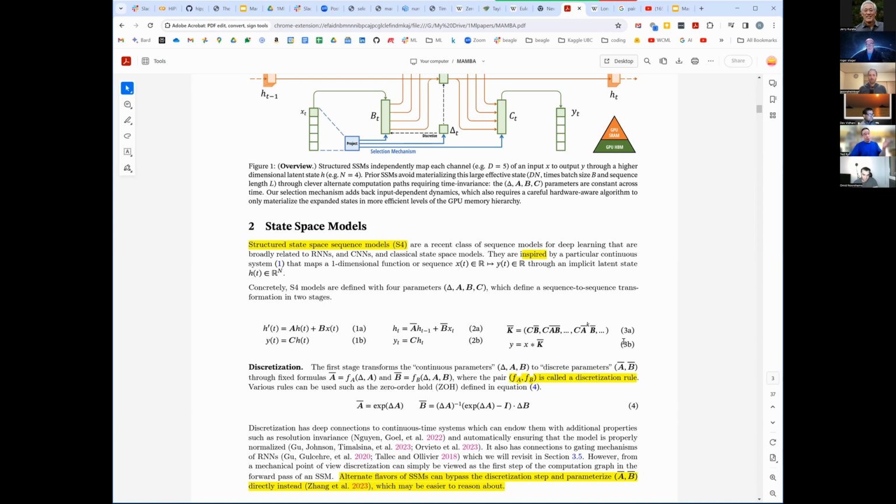And that's why A bar isn't just K times A. That would be a very simplistic thing. Instead, you have this e to the some constant C times A, or in this case, that constant's called delta.